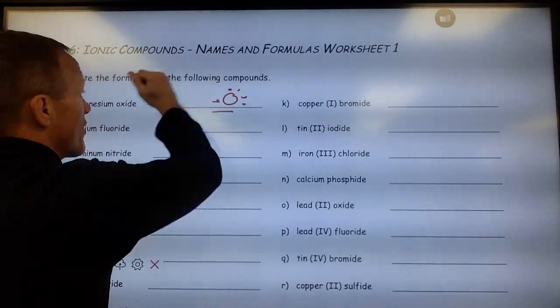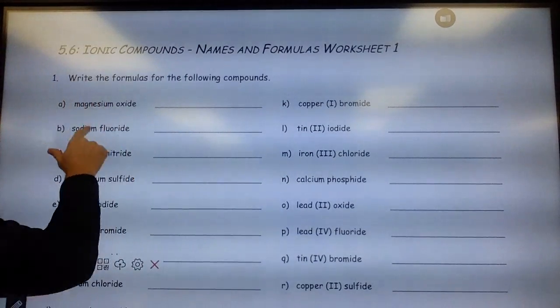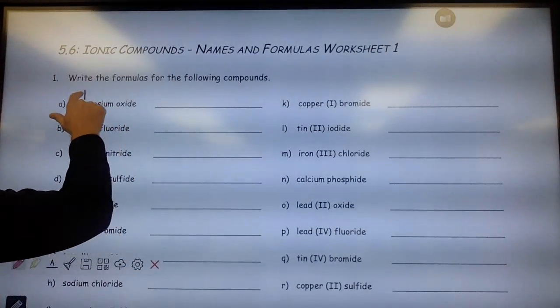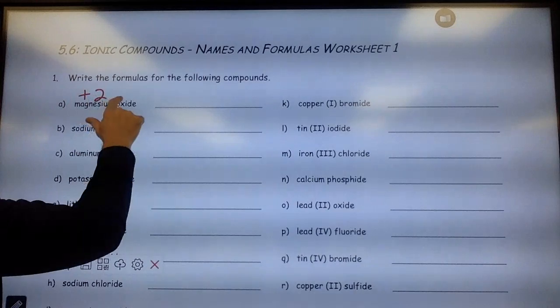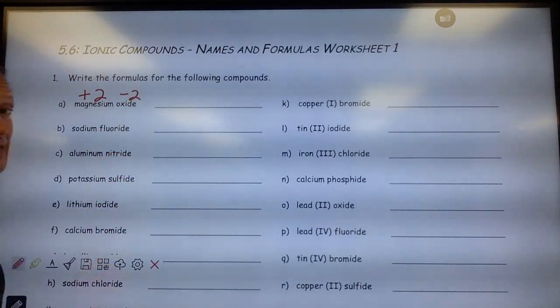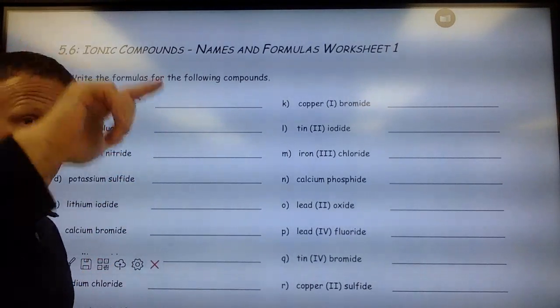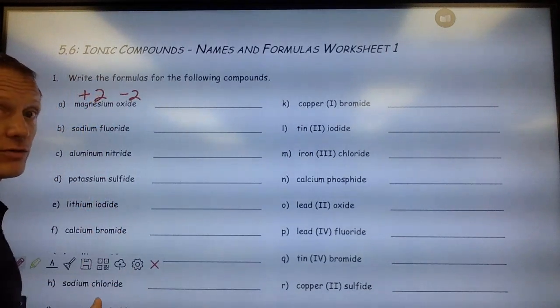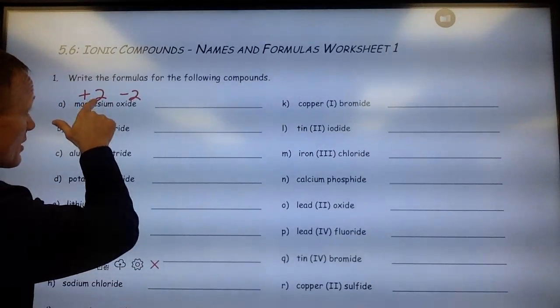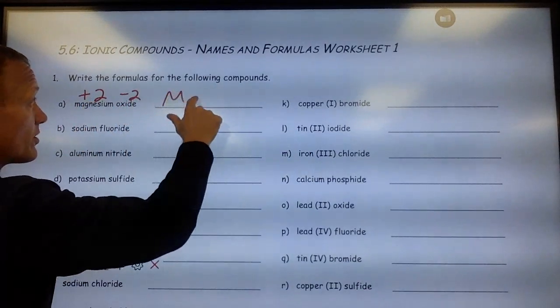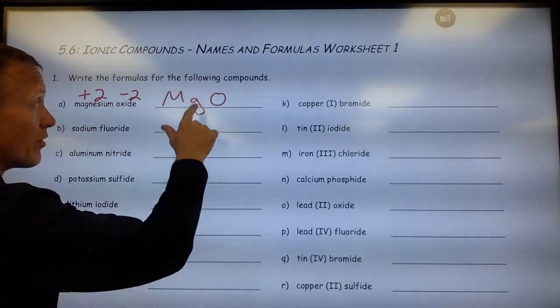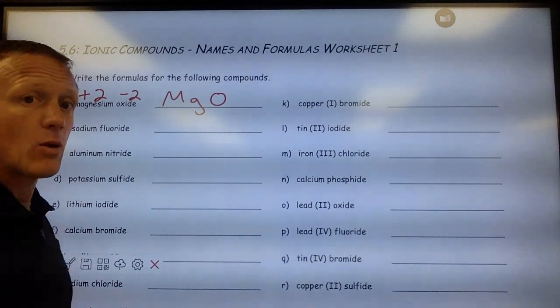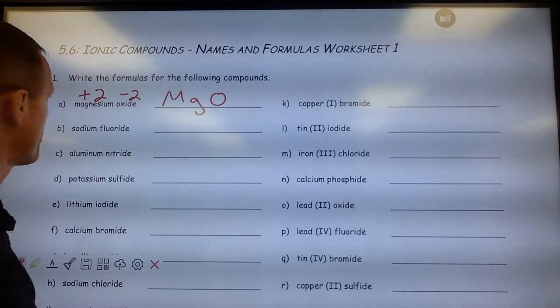Instead of doing that every time, since drawing them gets a little long, we look at magnesium's charge in the periodic table. The first element's always positive. Magnesium's a +2. Oxygen has 6 valence. It's a -2. Remember that the families all have the same number of valence electrons. We want those to equal out, and they do. All that means is magnesium is giving 2 electrons to oxygen. The formula is MgO, meaning there's 1 atom of magnesium and 1 atom of oxygen in that compound.